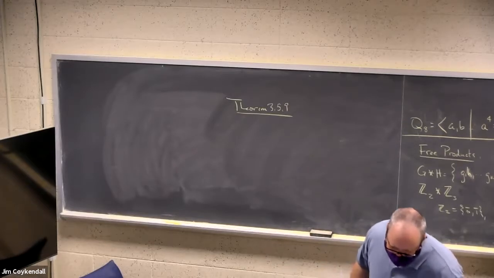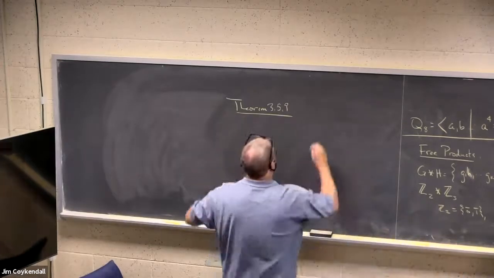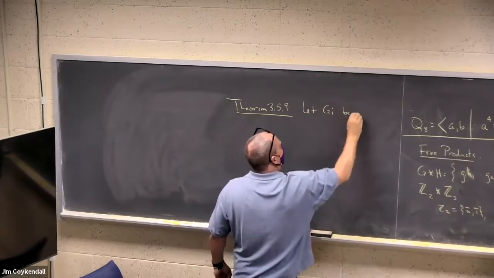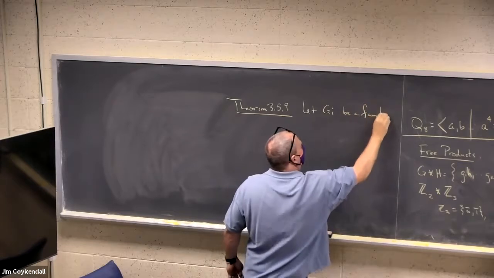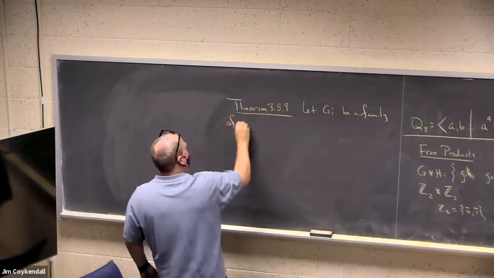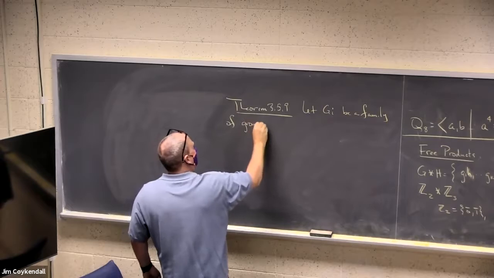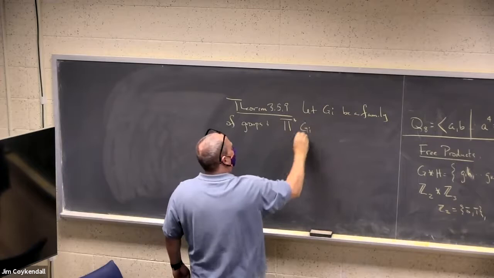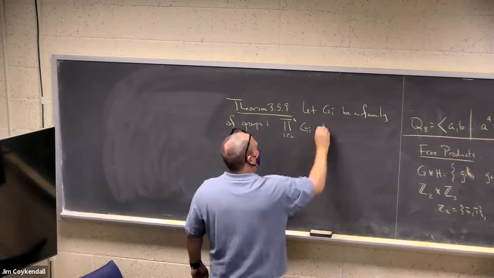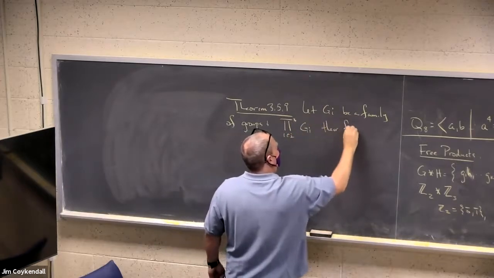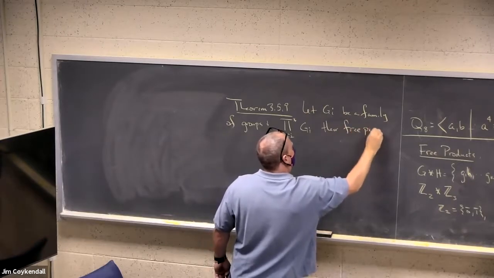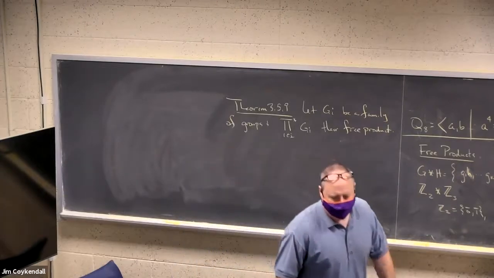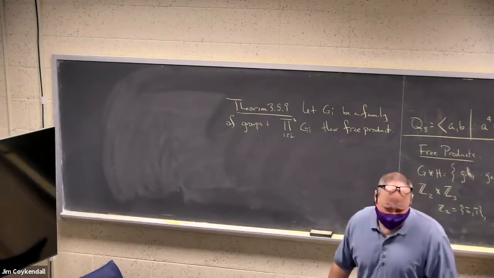Let G_i be a family of groups, and let their free product be formed. The little star is the notation that's commonly used for the free product.